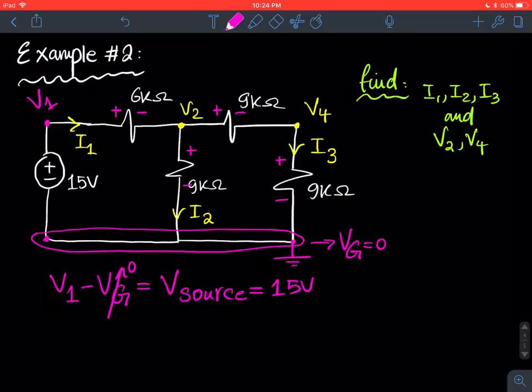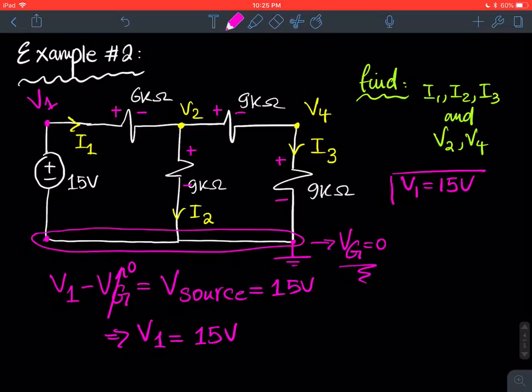VG is equal to 0 as we agreed before. So this means that V1 equals 15 volts. We just applied the definition of a potential difference or voltage source right there. Now I'm going to write on the side that V1 equals 15 volts.